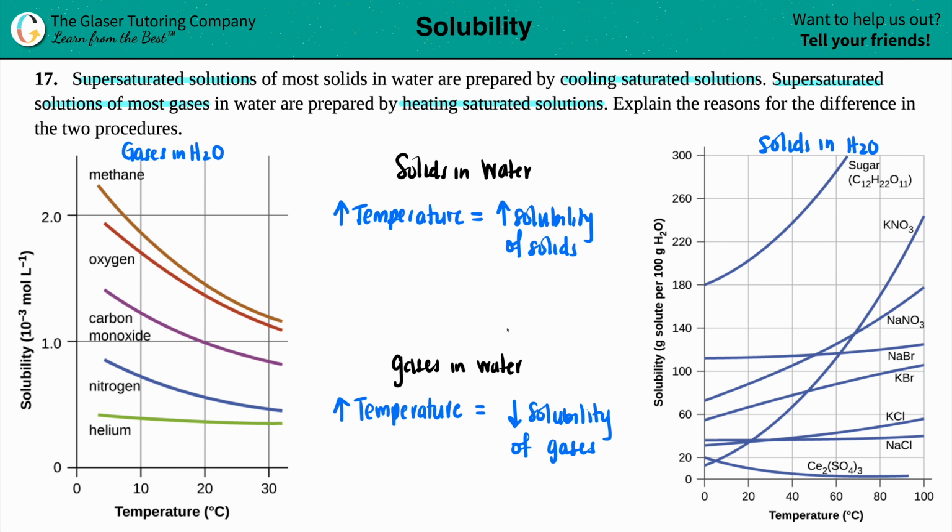But yeah, basically that's what this question comes down to, right? Supersaturated solutions of most gases are prepared by heating saturated solutions, because when you're increasing the temperature, solubility decreases. And that's how you get a supersaturated solution. You don't want high solubility. You want low solubility. And then on the other hand, supersaturated solutions of most solids in water are prepared by cooling.